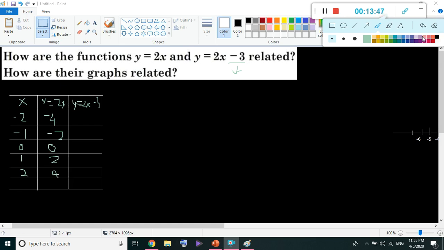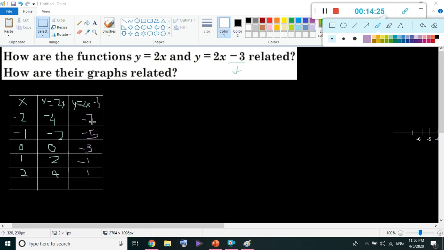Okay, so now let's have the answers for y equals 2x minus 3. -2 times 2 is -4, -4 minus 3 is -7. -1 gives -2, minus 3 is -5. 0 gives -3. 1: 2 times 1 is 2, 2 minus 3 is -1. 2 times 2 is 4, 4 minus 3 is 1.